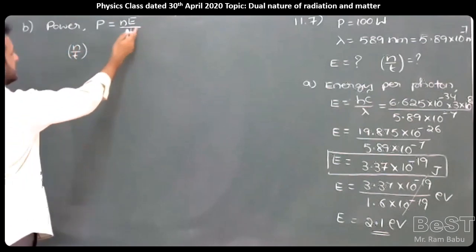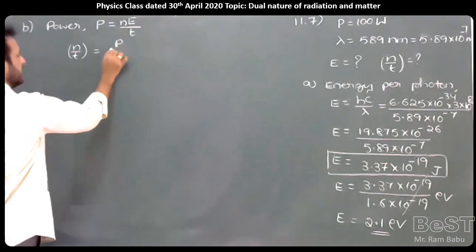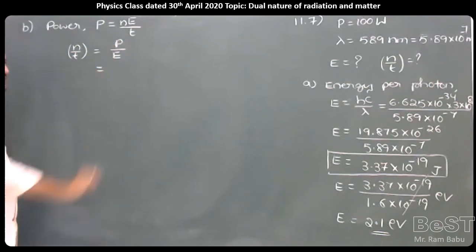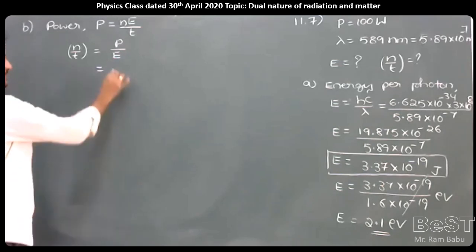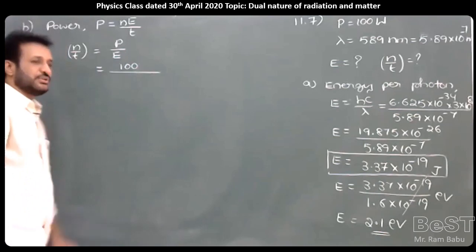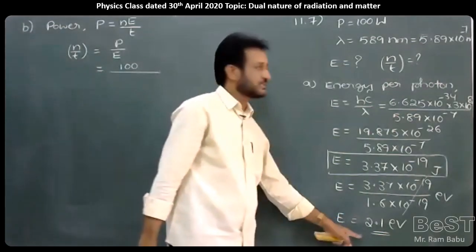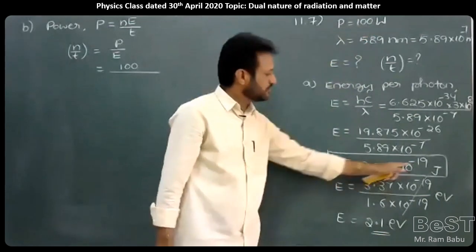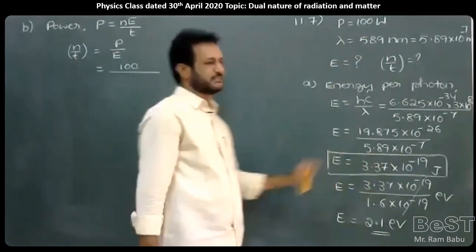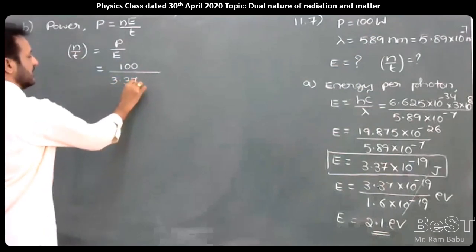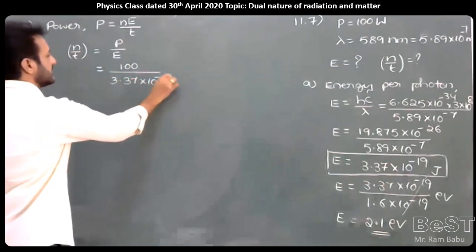n by T is equal, take E to the left side, power P by energy E. So power they already gave, 100 watt, divided by energy. You should not write in electron volt because watt is an SI unit, and energy should be in SI unit. That is 3.37 into 10 to the power of minus 19.